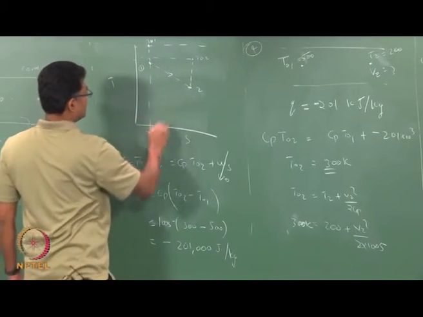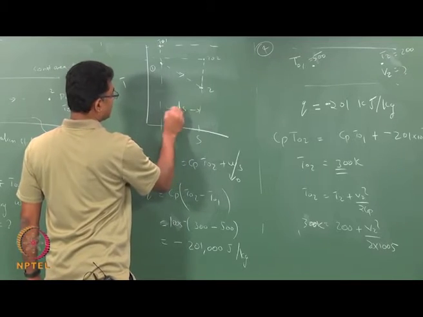So, there is a delta S that is happening between process 1 and 2.